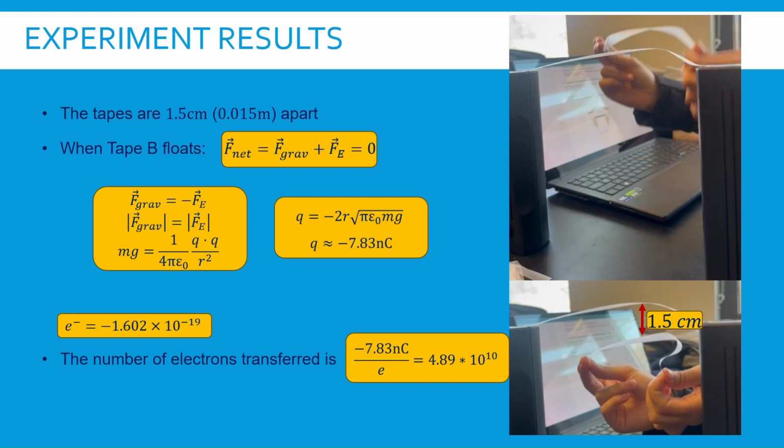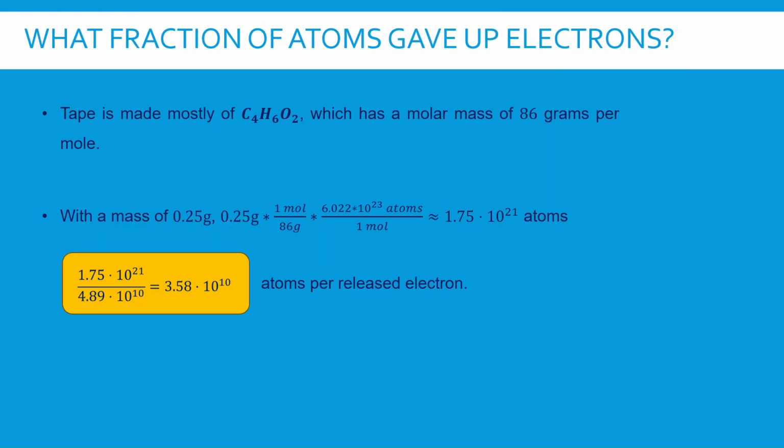So we can do a calculation and isolate Q, and thus get the charge, which resulted to be negative 7.83 nanocoulombs. We can find out how many electrons were transferred into our tapes by dividing this amount by the charge of an electron, and finally we get about 4.89 times 10 to the 10 electrons in our tape. What fraction of atoms give up electrons?